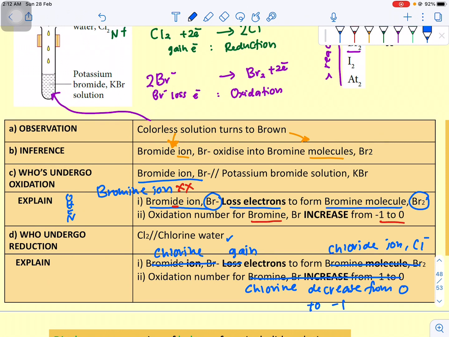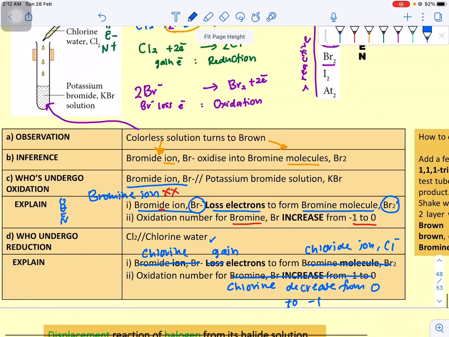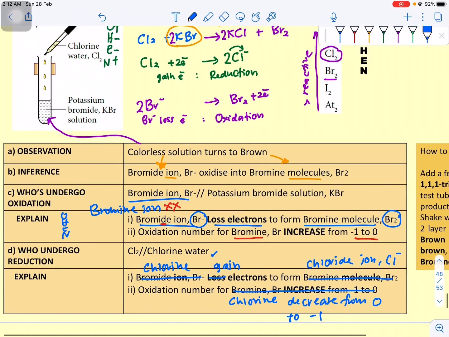That is the reason why chlorine undergo reduction. Apapun, make sure kita punya half equation is correct lah, baru kita boleh buat this explanation.